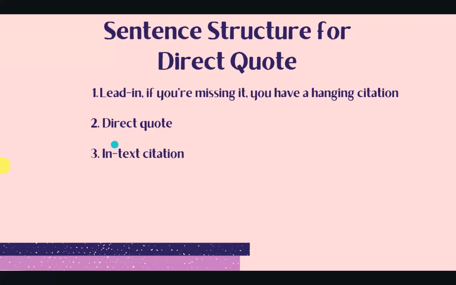You have to have the direct quote. That means I'm directly taking the words from the source and putting them in my essay. And third, you need an in-text citation. Your in-text citation is what we've already covered. Open and close your parentheses, put the author's name, put the page number if you have that information.